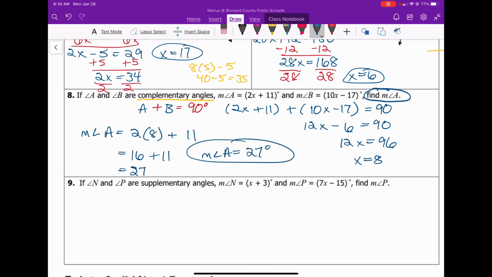Now, this last one here says if angle N and angle P are supplementary angles, the measure of angle N is equal to x plus 3, and the measure of angle P is equal to 7x minus 15.